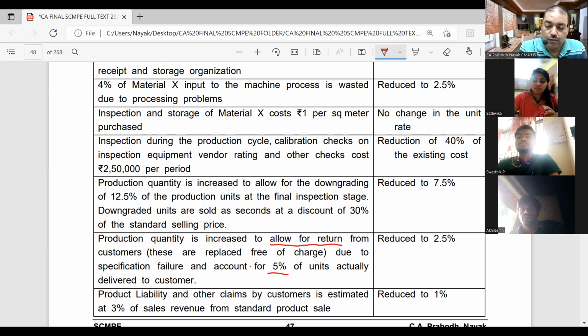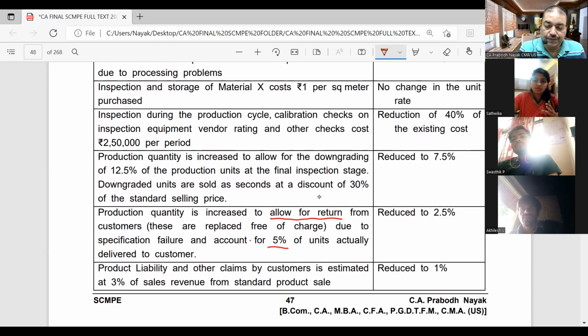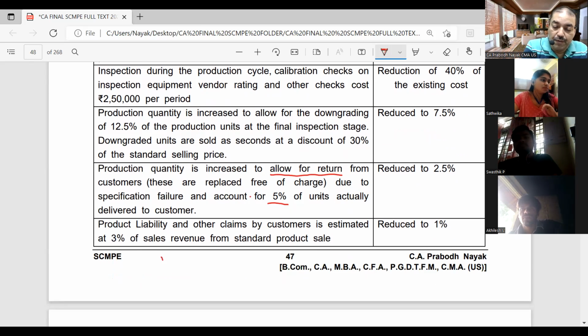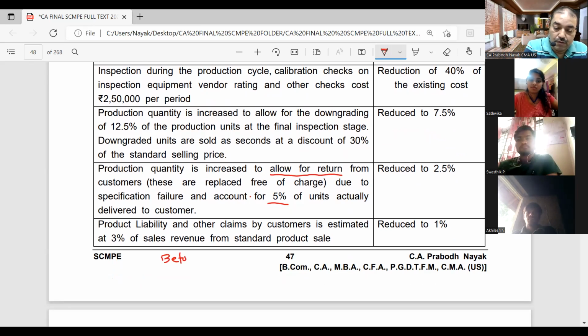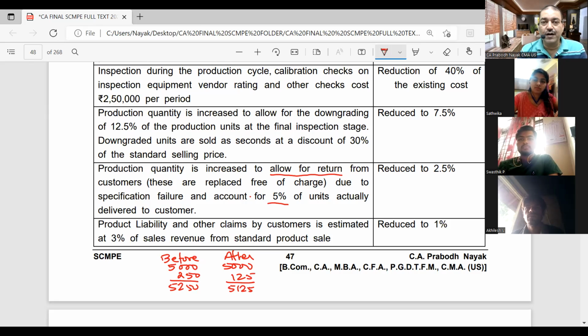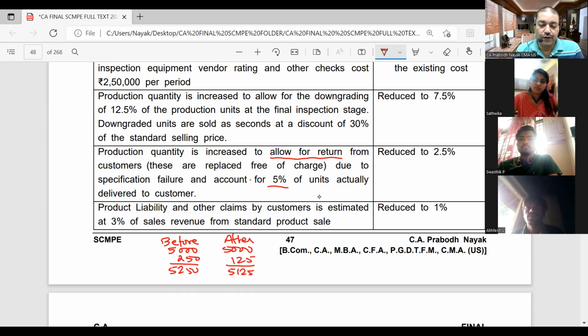Before implementation and after implementation, I have to sell 5,000 units in both cases. But here I will be producing 5,250 units, and here I will be producing 5,125 units, to take into consideration the returns that are going to come back from sales.